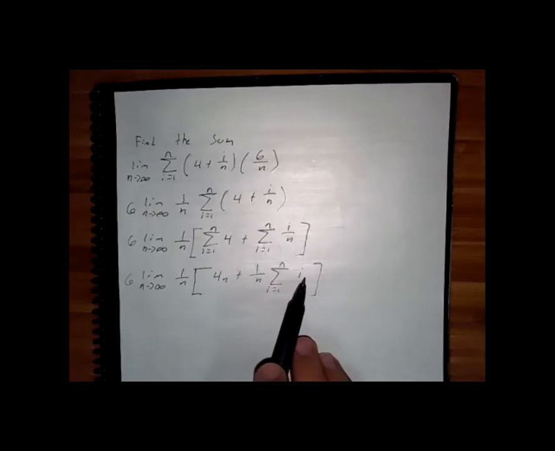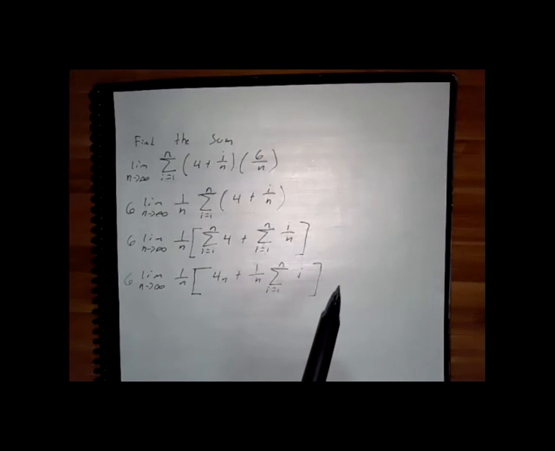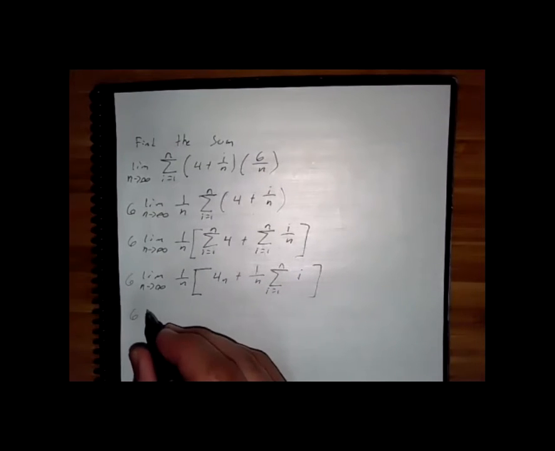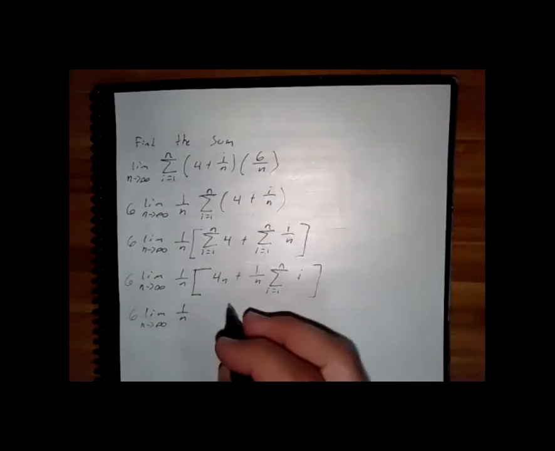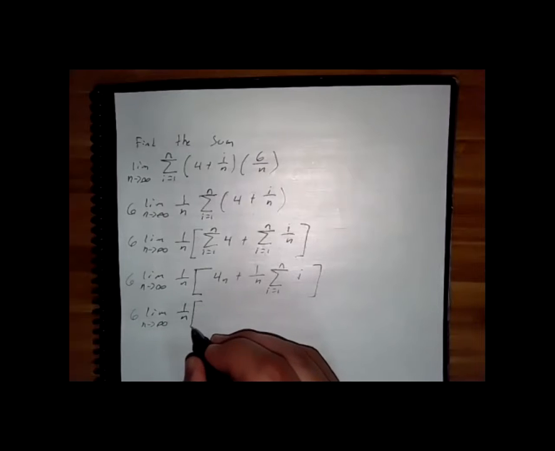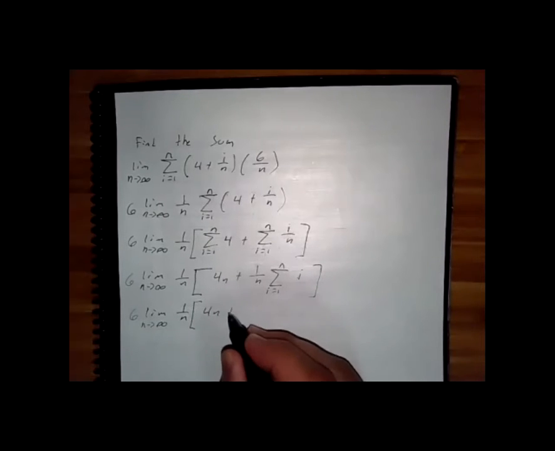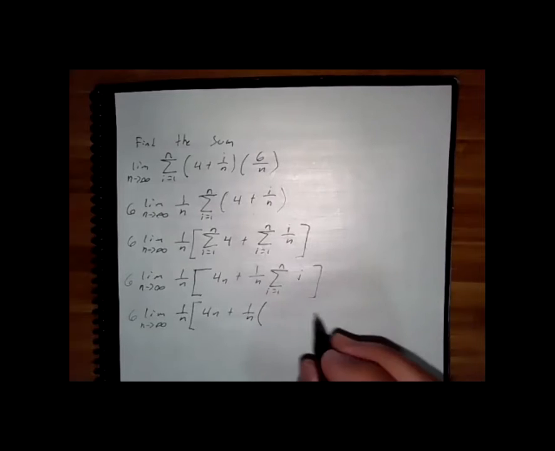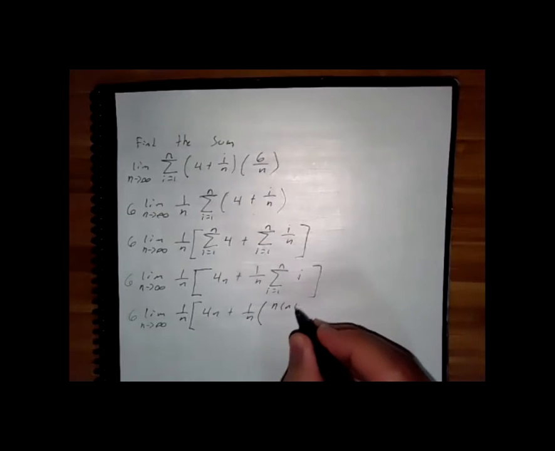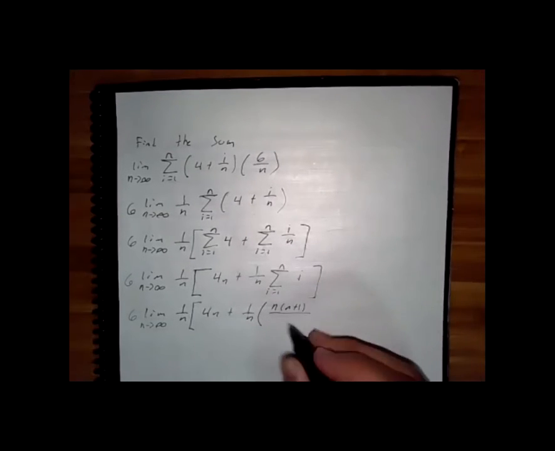All right, so the sum of i will become, how was it? n times n plus 1 over 2. Yeah. So it'll be times n plus 1 over 2.